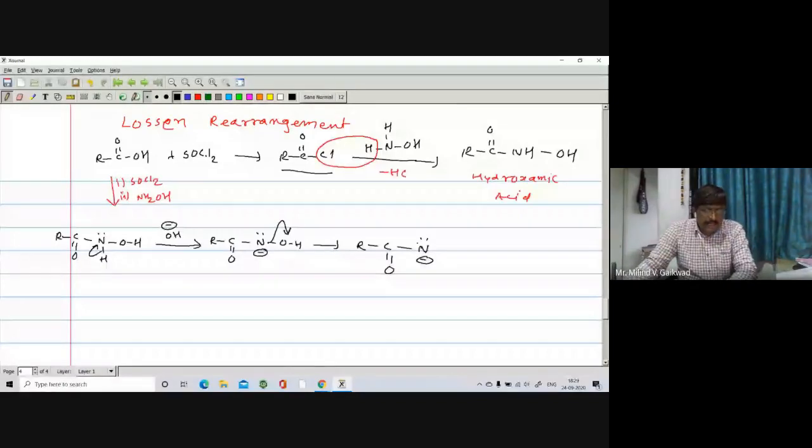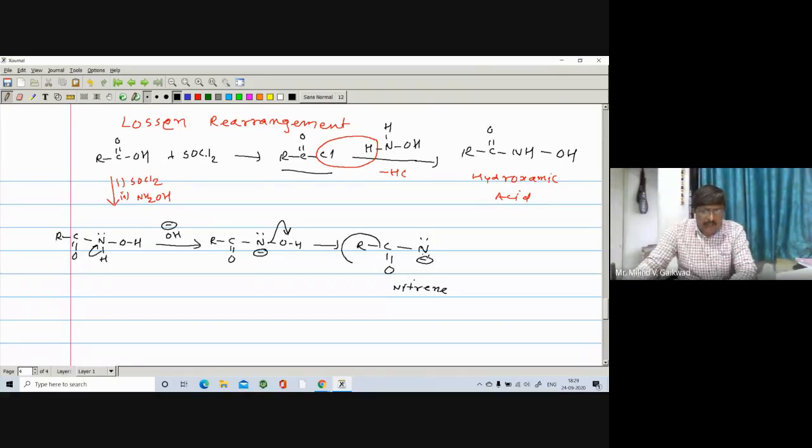So this will open here, and this species, in which previously there was a negative, is called a nitrene. So actually this undergoes rearrangement, but just for understanding, I have written here the formation of a nitrene.